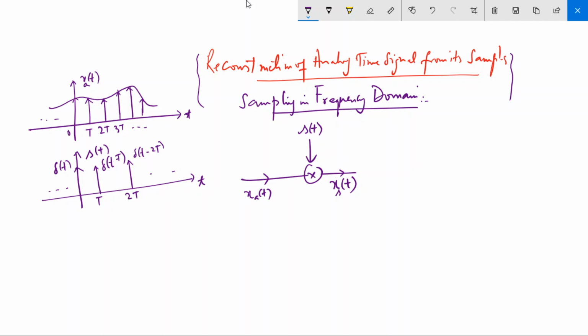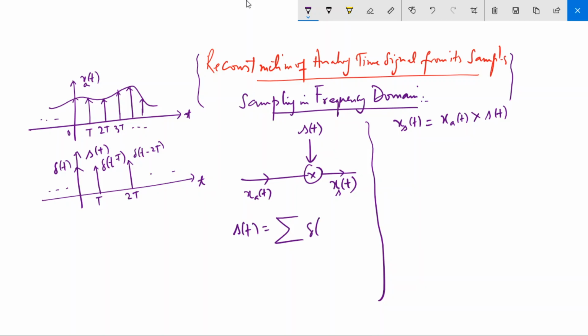For that, we will apply some knowledge of frequency analysis. Now xs(t) is the multiplication of xa(t) and s(t), and s(t) is nothing but a train of impulses.